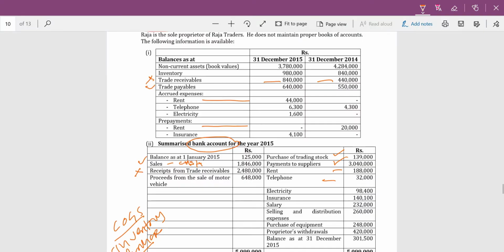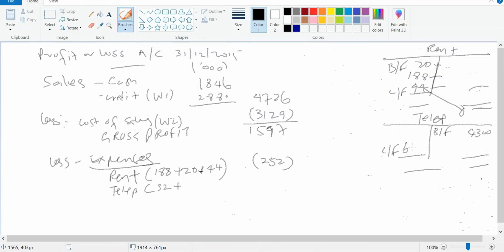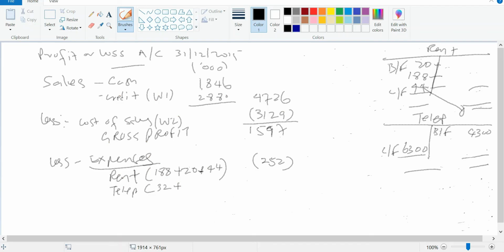closing how much? 6,300. How much has been paid? Telephone 32,000. So 32,000 has been paid, bank credit, here debit. Therefore 32,000 plus 6,300, which is 38,300, minus 4,300, which will be 34,000.